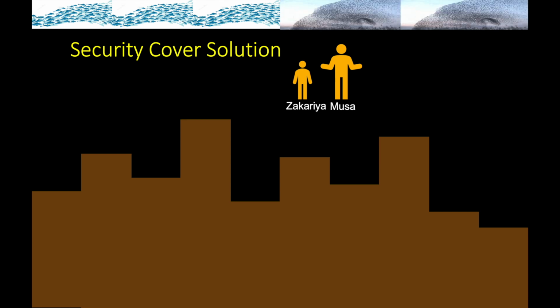Musa and Zakaria are two separate persons, and they can actually work in a better way, in a more efficient way, to solve the problem really quickly. So in that regard, I must say that all the optimization problems that we have seen so far will not be very useful here.